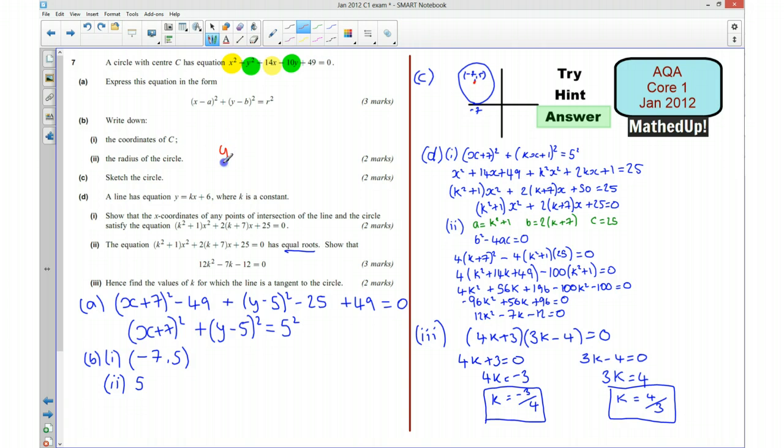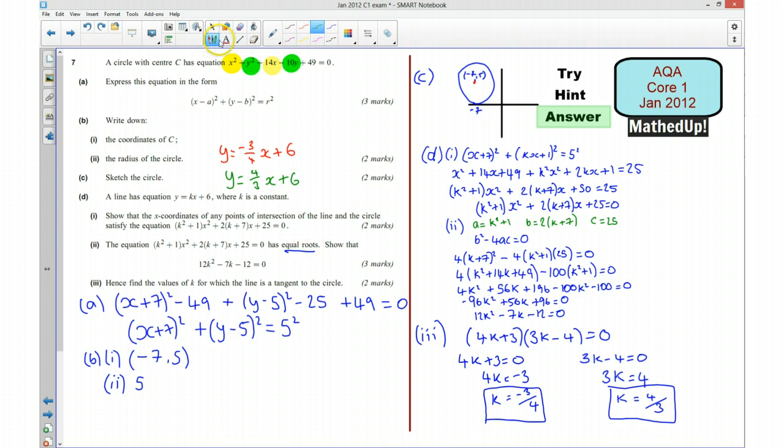We've got y is equal to negative 3/4 x plus 6, and we've also got the line y is equal to 4/3 x plus 6.